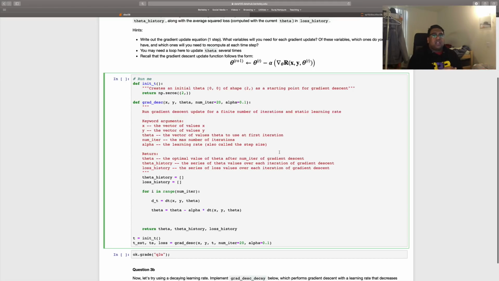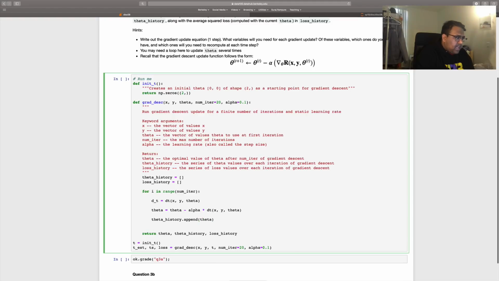And also we want to calculate the loss at each step to see how much we decrease the loss by at each step. So we can say theta_history.append(theta) and loss_history.append, and we're still using L2 loss. So I can say average squared loss of y and the sine model of x, theta 0 and theta 1, which is really theta 1 and theta 2.